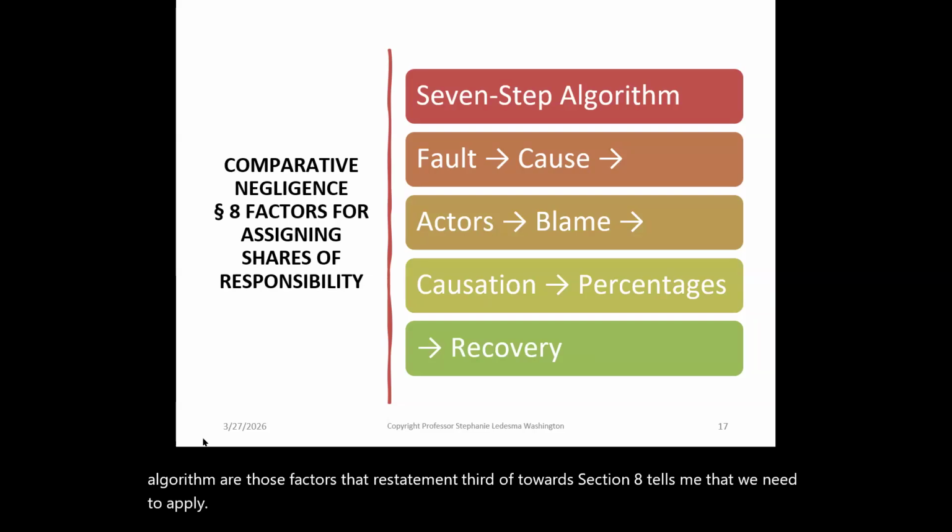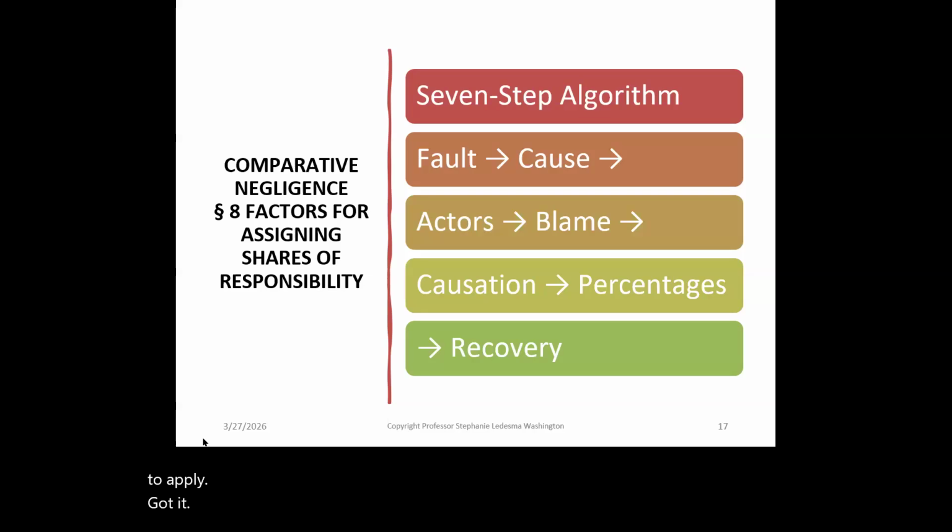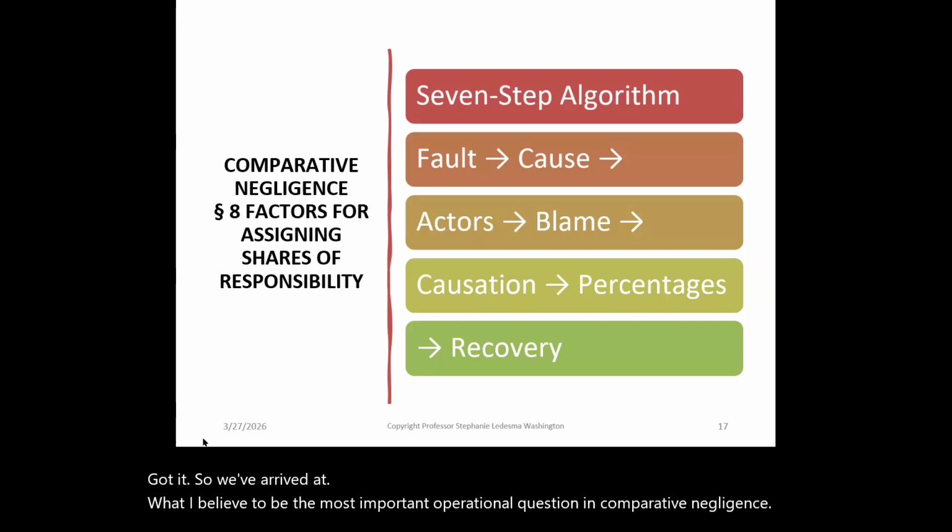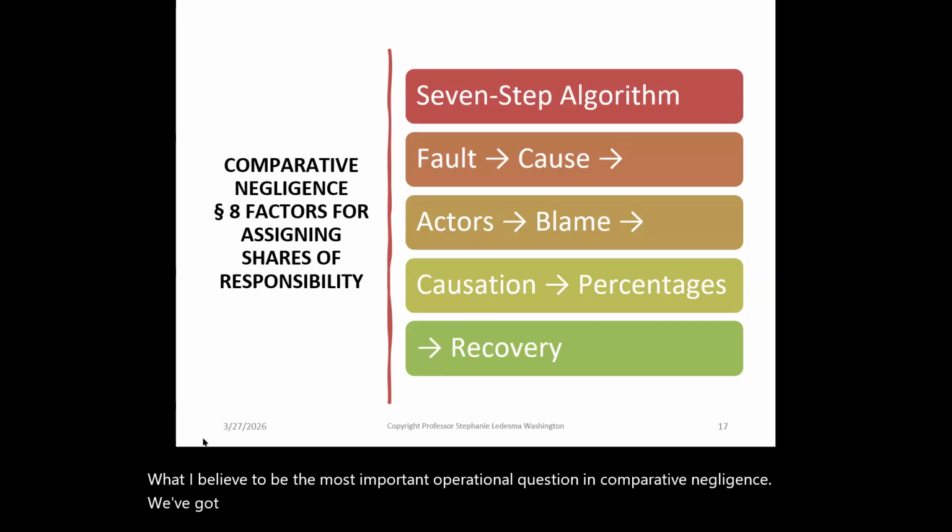Got it? So we've arrived at what I believe to be the most important operational question in comparative negligence. We've got multiple parties who are liable for the injury. One of the parties includes the plaintiff. How do we divide that responsibility? We're going to apply this algorithm.